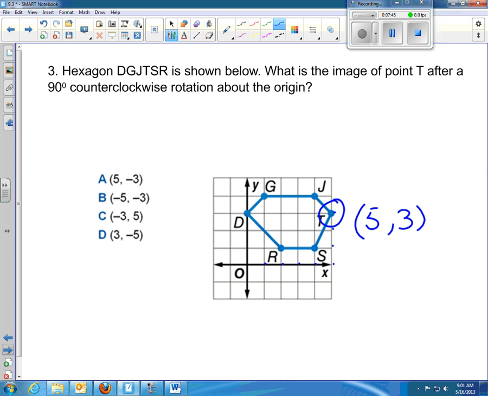All right, 90-degree rotation, remember, says we're going to multiply the y coordinate by -1. So that's multiplying that one by -1, but we have to interchange the coordinates. So that becomes our new x, and our old x becomes our new y. So that's T prime. And that looks like it is C.